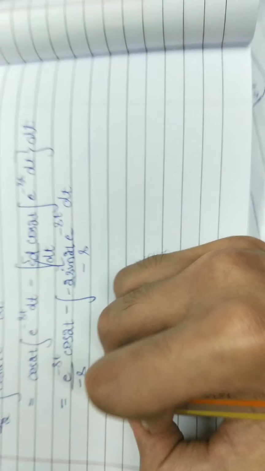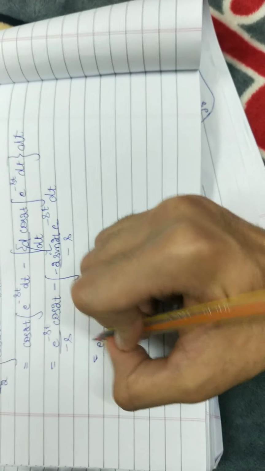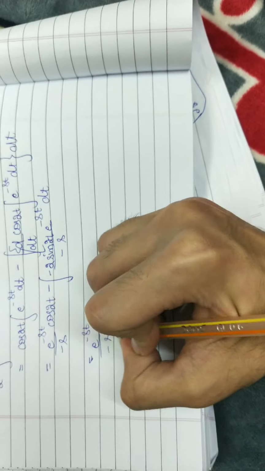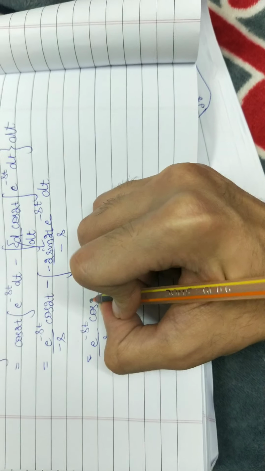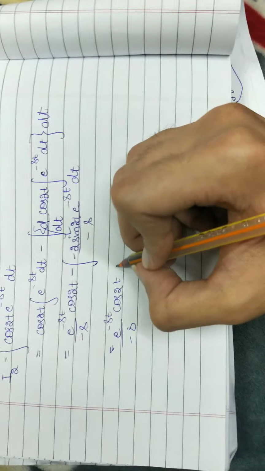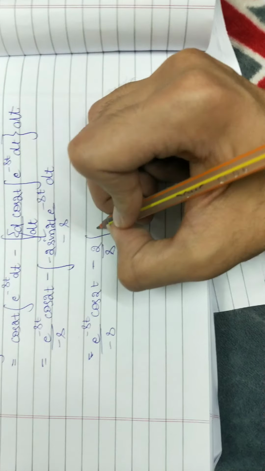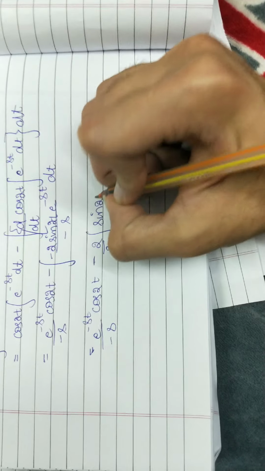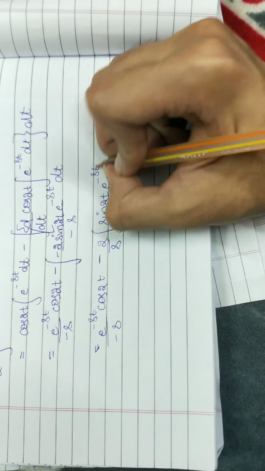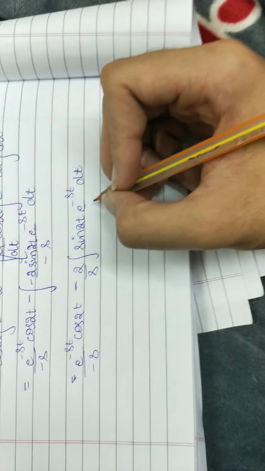So this gives us e raised to minus st upon minus s cos 2t and minus 2 upon s integral sin 2t e raised to power minus st dt.